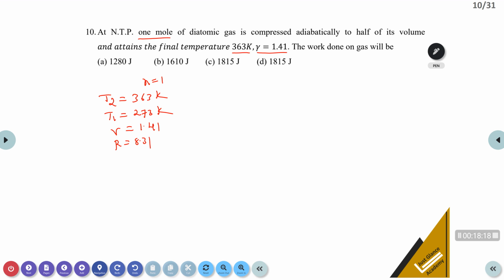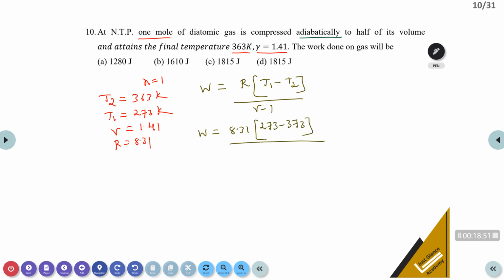Which process is it? Adiabatic process. Recall the formula for the adiabatic process. Work done equals R into (T1 minus T2) divided by (gamma minus 1). Substitute. This is a numerical problem. Equals 8.31 into (273 minus 363) divided by (1.41 minus 1).